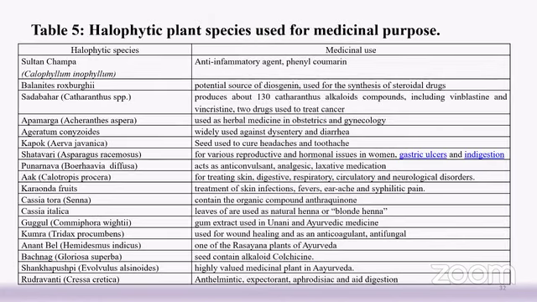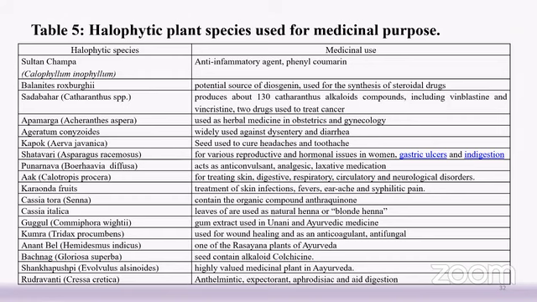So these are the halophytic plant species used for medicinal purposes, like Sultan Champa. It is an anti-inflammatory agent. Phenylcoumarin is contained in the Sultan Champa. Balanites roxburghii, a potential source of diosgenin used for synthesis of steroidal drugs.